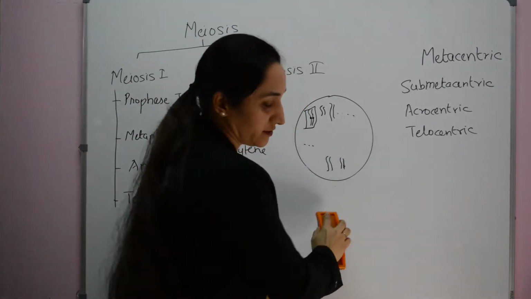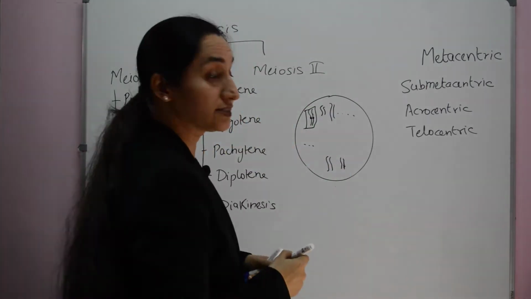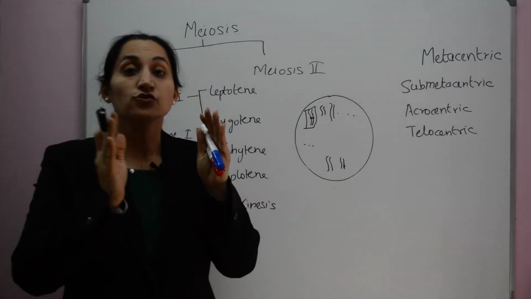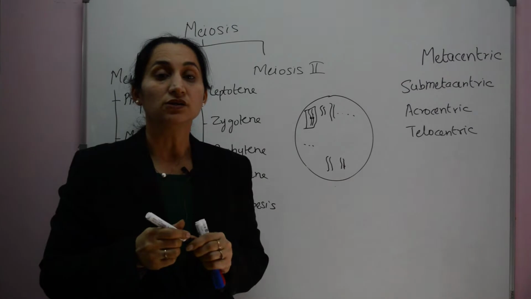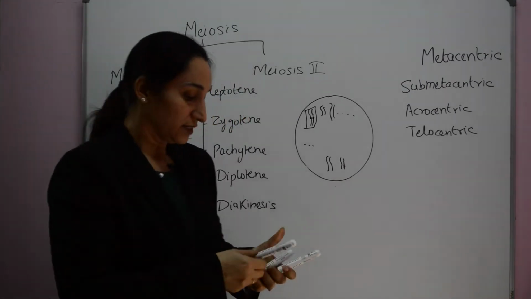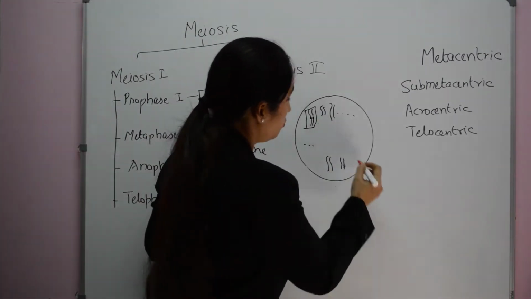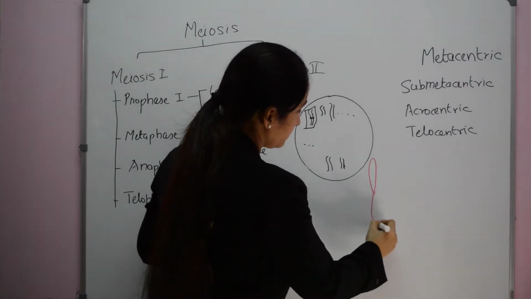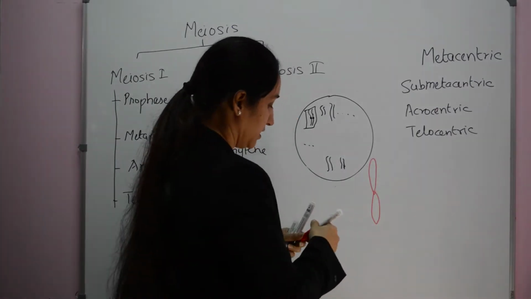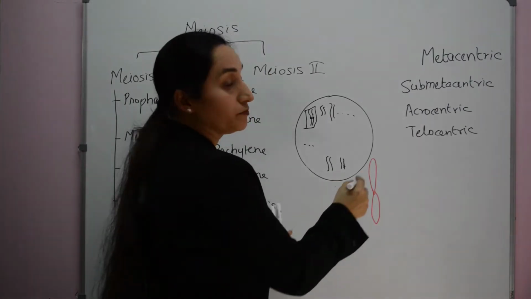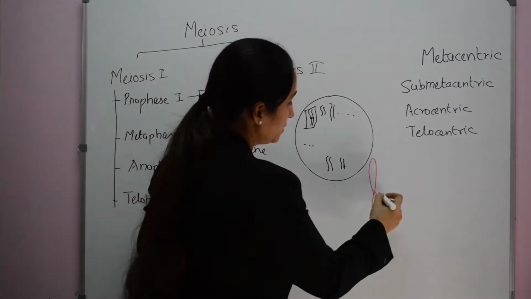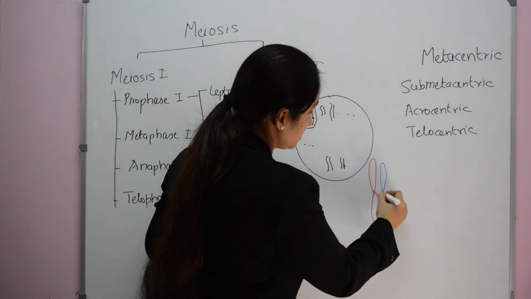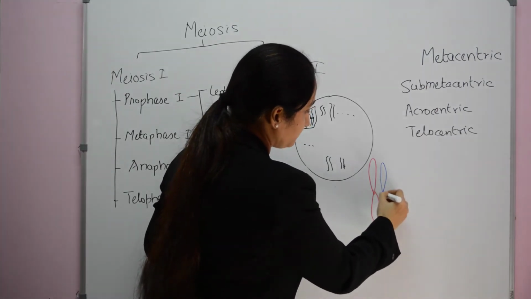The third characteristic of homologous chromosomes is the position of genes or the locus of genes. For that, let us make a homologous pair of chromosomes a little bigger. Let us suppose this is a chromosome of mother and this is chromosome of father.